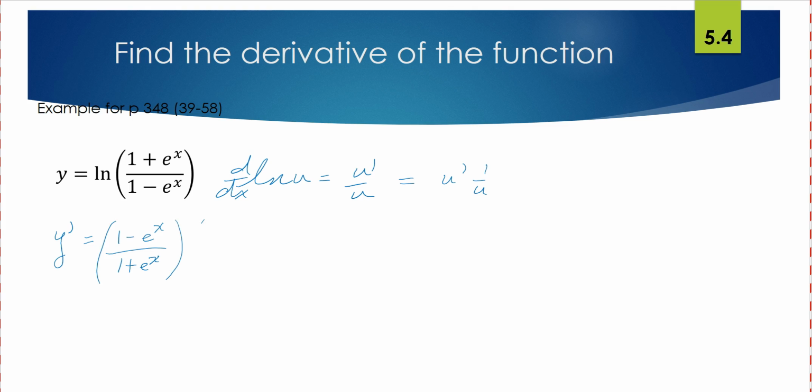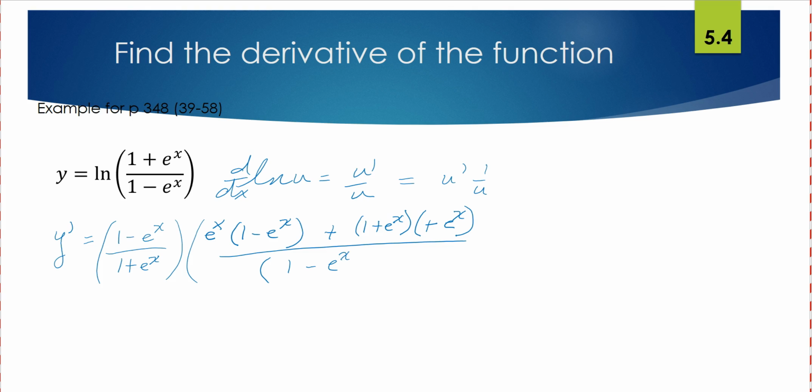And then doing my quotient rule, I have e to the x, keep the 1 minus e to the x, minus 1 plus e to the x, keep it, and derive the negative e to the x. So that negative becomes a positive, so I'm going to change that now, and then this is all over 1 minus e to the x squared.